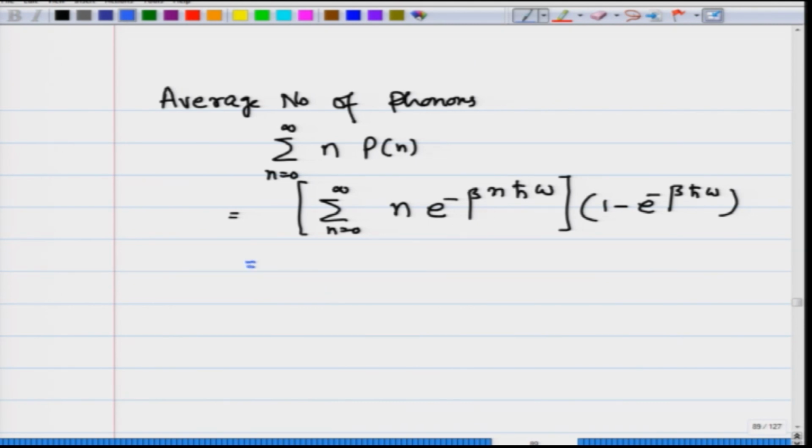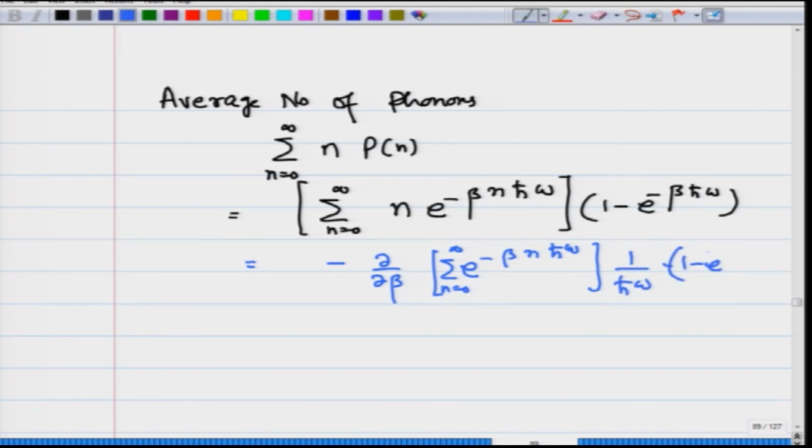This I can write as minus d by d beta of e raised to minus beta n h cross omega summed over n equals 0 to infinity, times 1 over h cross omega times 1 minus e raised to minus beta h cross omega, right, because when I take the differential it becomes e raised to minus beta n h cross omega times minus n h cross omega. With this minus sign, that minus becomes plus, and then you divide by h cross omega.